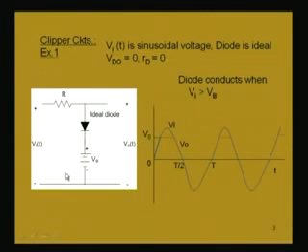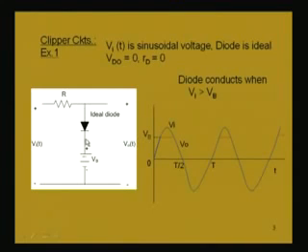Now in this circuit, we first have to see when the diode will be conducting. The diode has on the N side a battery with potential VB. In order to conduct, the voltage at the P side must be higher than the voltage at the N side.